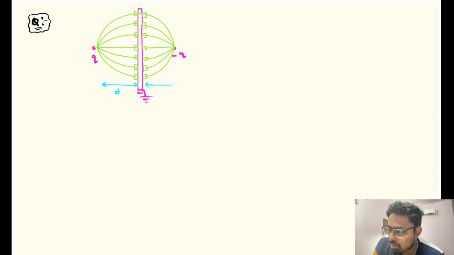Whatever the original question that was given, that original question is now completely transformed. They asked us to find the force between the conductor and the charge. It's an action-reaction pair, so according to Newton's third law the same amount of force should be there. So instead of finding what force the charge applies on the conductor, I'll find what force the conductor applies on this charge.